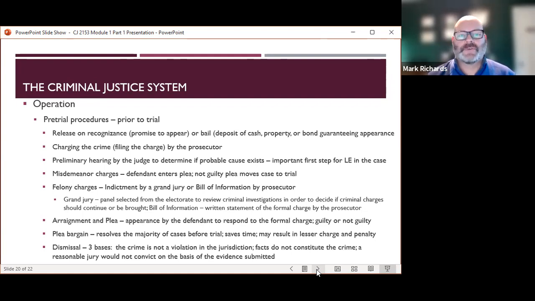Under felony charges, a defendant has to be indicted by a grand jury or a bill of information issued by the prosecutor. A grand jury is a panel selected from the electorate to review criminal investigations in order to decide if criminal charges should continue or be brought. A bill of information is a written statement of the formal charge by the prosecutor.